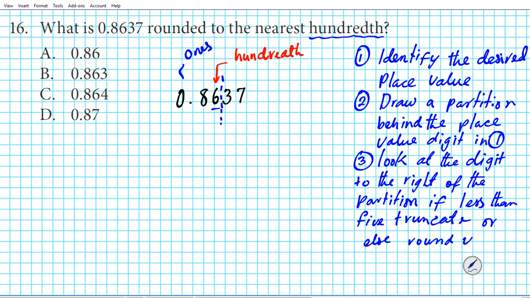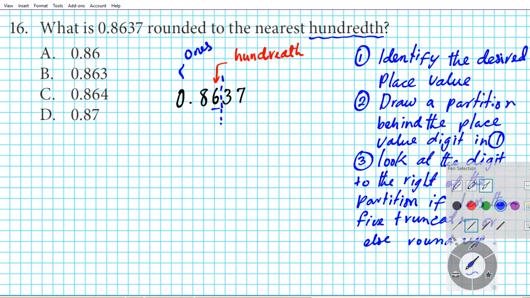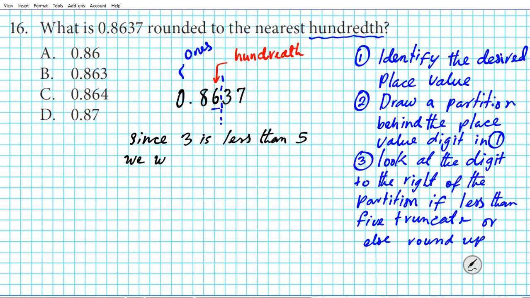Now, what's the case here? If you take a look at 3, 3 is less than 5. So since 3 is less than 5, we're just going to simply truncate all the digits to the right of our partition. We will truncate or cut off all the digits after 6.